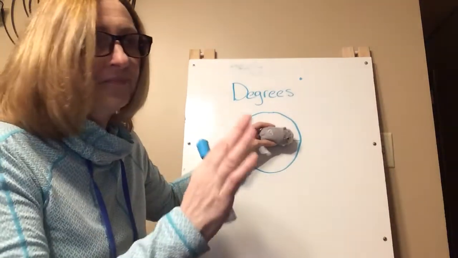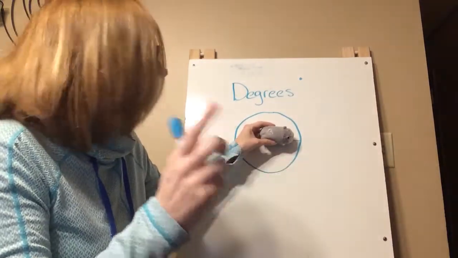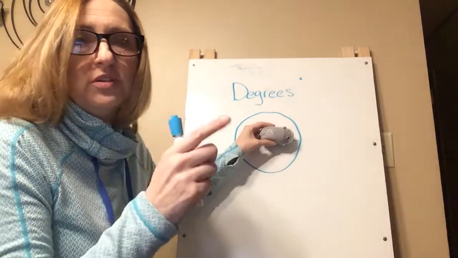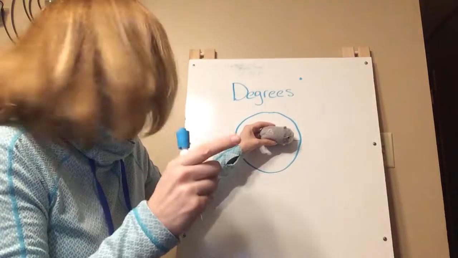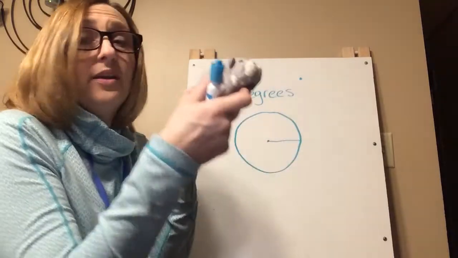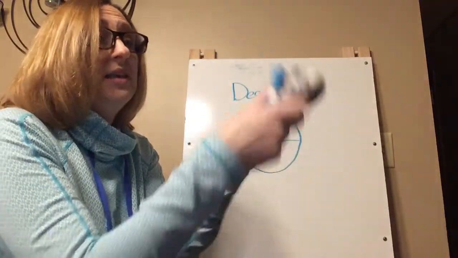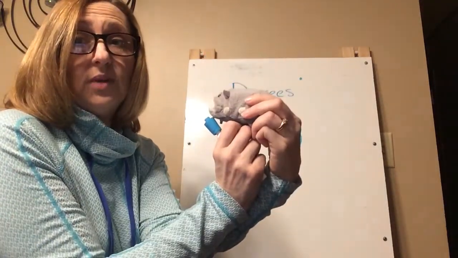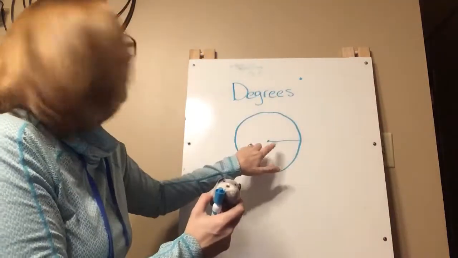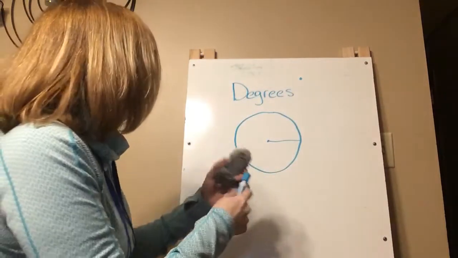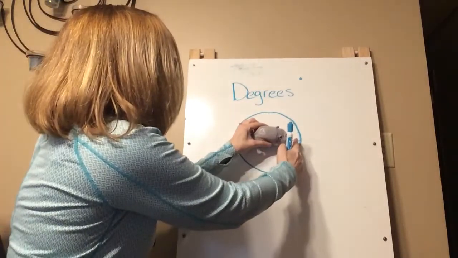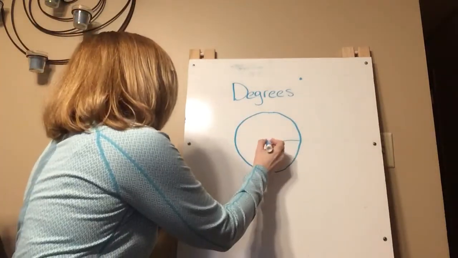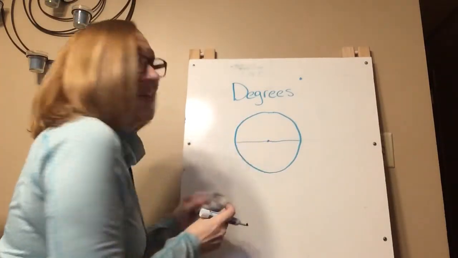I think a lot of you guys have heard of a 180 before. If you're on your skateboard or you're doing some tricks with your bike, I think a lot of you know that a 180 means that you face one direction and then you face the total opposite direction. Well, that comes from this whole circle thing. So a 180 means you're facing this direction and you're going to turn around and face that direction.